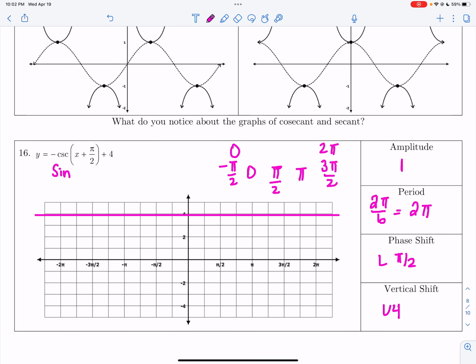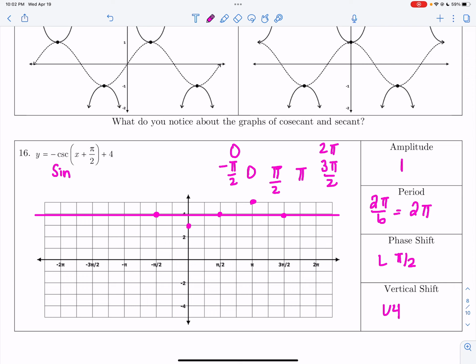All right, I'm going to start at negative pi over 2 with my sine function. And then I am going to go down 1 because that's my amplitude at 0. Make sure that you pay attention to your axes. Then I'm going to go pi over 2. Then I'm going to go pi. Then I'm going to go 3 pi over 2.